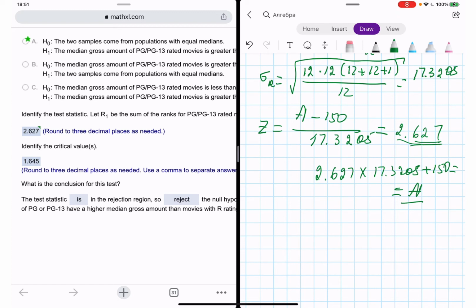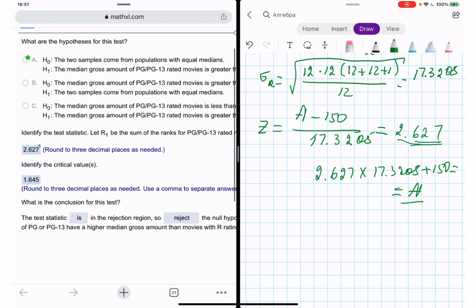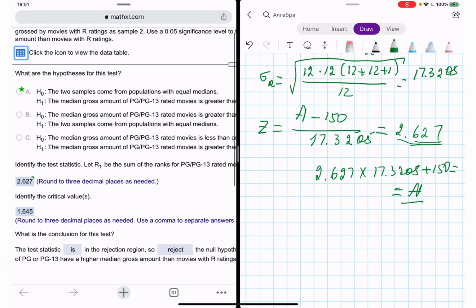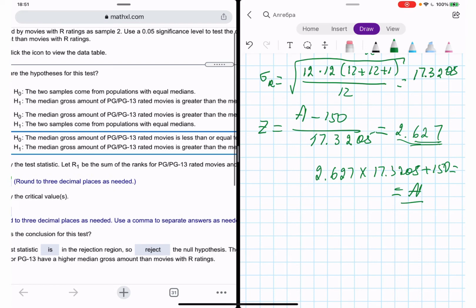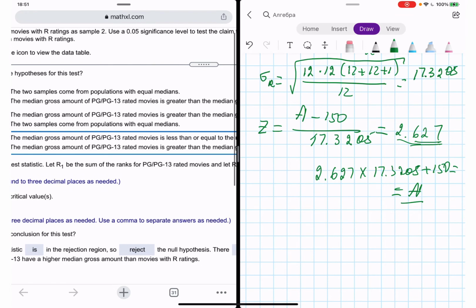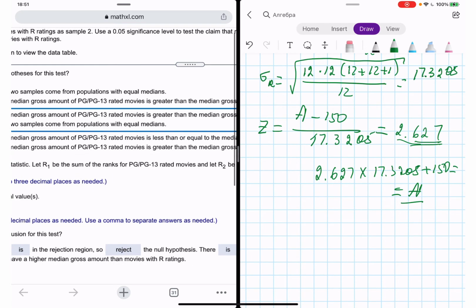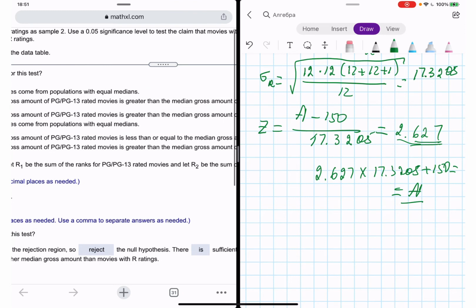Now let's find out the critical value. Since our test claim, the alternative hypothesis, says the median gross of movies A is greater than the gross, that means we have a right tail, right?